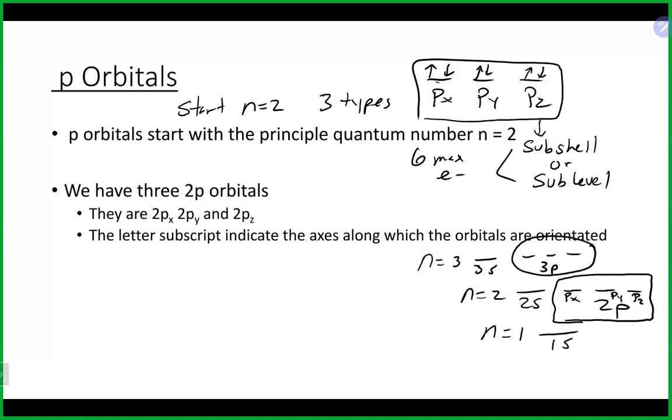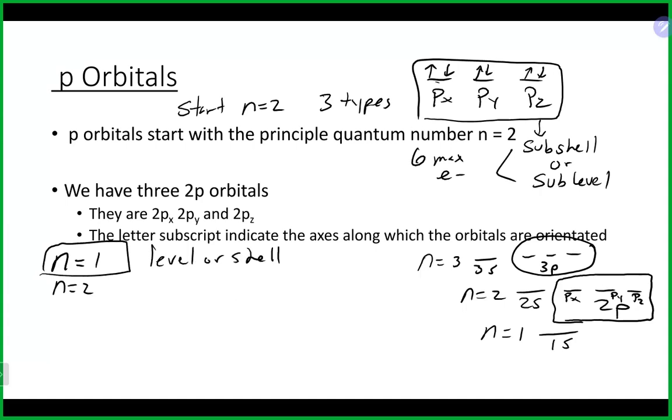The reason it's called a subshell or a sublevel is when we talk about the n number, n equals 1 or n equals 2 or whatever it may be, that is what is referred to sometimes as a level or a shell.